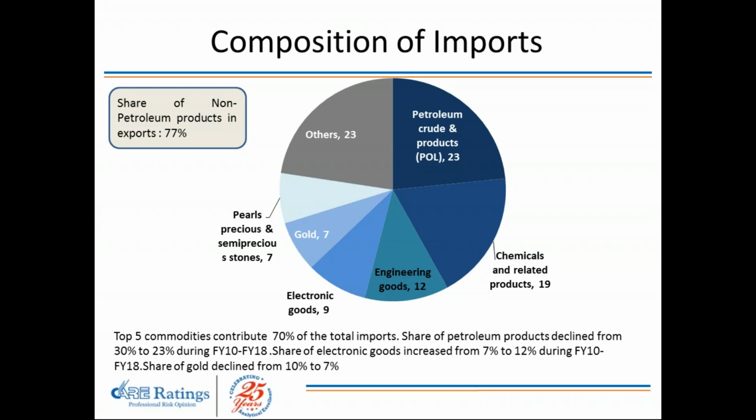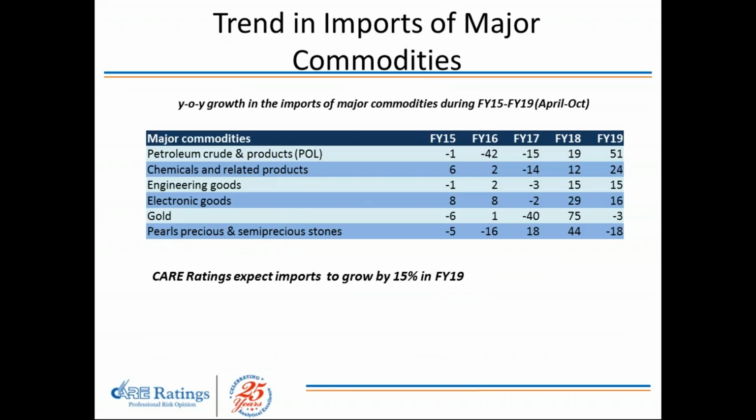Now, the growth in imports at 17% for the first 7 months of FY19 can be ascribed to a significant increase in imports of petroleum products, which has grown by 51% on a year-on-year basis, also the highest growth in the last 5 years. This was followed by chemicals, which grew by 24%, the highest growth since FY15.